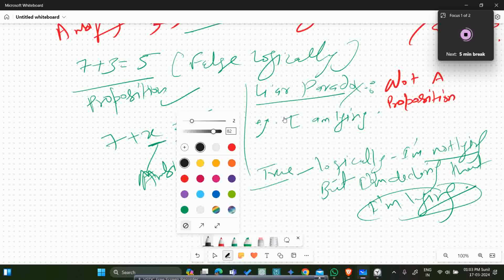So we can change this color to blue also. Right.